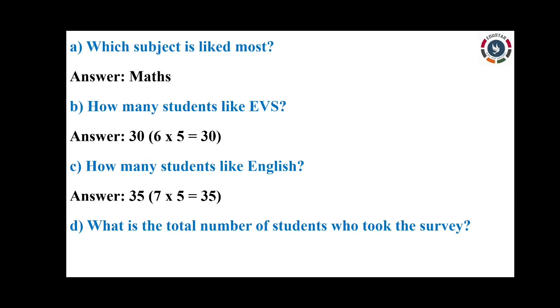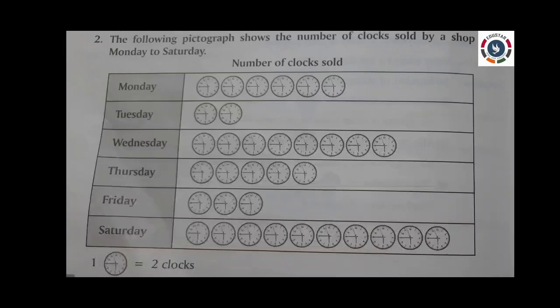In EVS, 30 students participated. In Hindi, 15 students participated. So, totally 35 plus 50 plus 30 plus 15, which is equal to 130. So, totally 130 students participated in this survey.